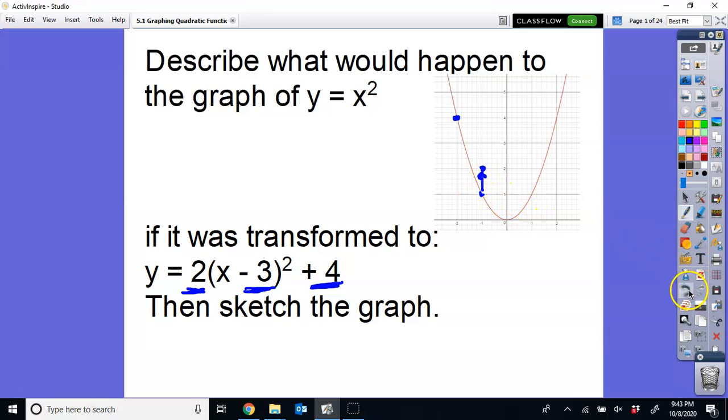What would the -3 do? Well, the -3 on the inside is going to take this x value, say 0, and subtract 3 from it. So what's going to happen is if I plug in 0 for x, the graph is going to act like it used to over here at 3, so it'd be way up here somewhere. It's actually going to scoot this way to 0.